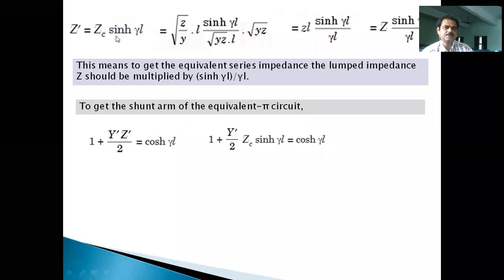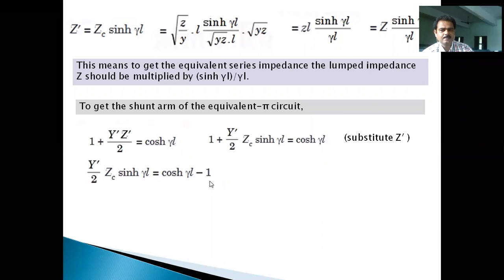So from the second equation, substituting in this, you will get y dash by 2 is equal to 1 upon zc into cos h gamma l minus 1 over sine h gamma l, taking the 1 onto the right hand side.